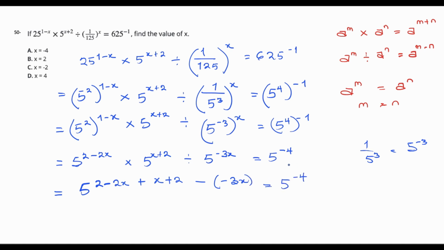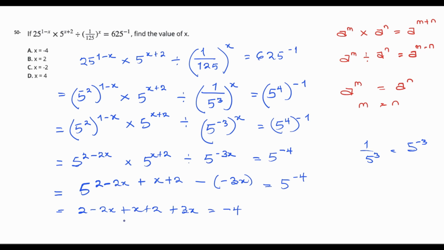So now we have that if you have similar bases as we have here, 5 and 5, then the powers are equal. So we can get rid of the 5 altogether, and we can say that 2 minus 2x plus x plus 2. Now if we expand this, minus times minus is equal to plus, so we have plus 3x is equal to minus 4, which is the power we have here. So now we can collect like terms and then solve for x.